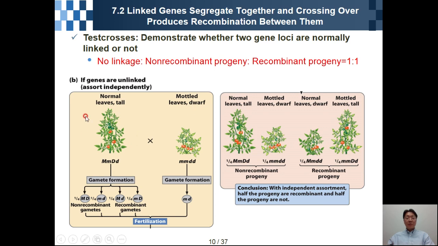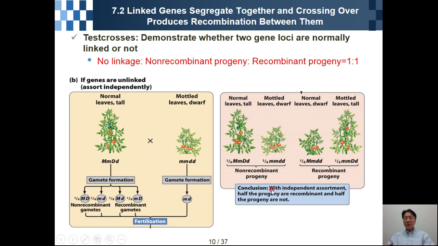If the genes are unlinked, they will make the non-recombinant gamete and also the recombinant gamete. So after fertilization, we will have the non-recombinant progeny and the recombinant progeny like this.